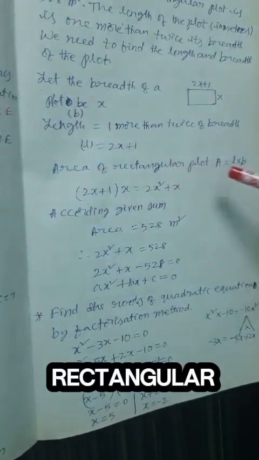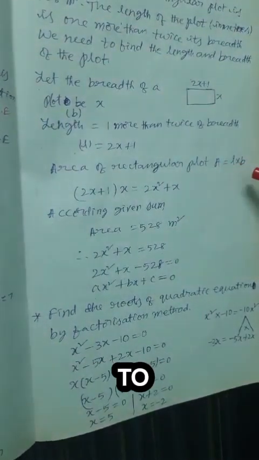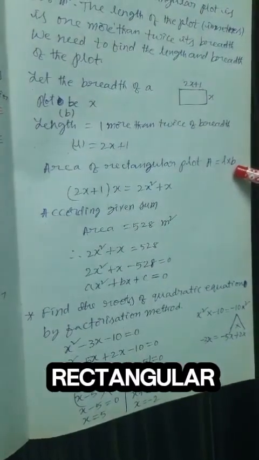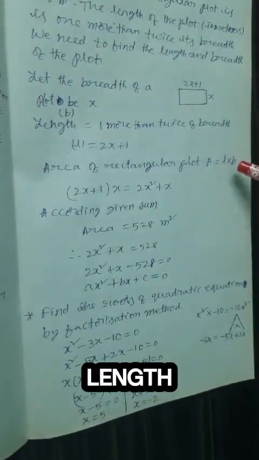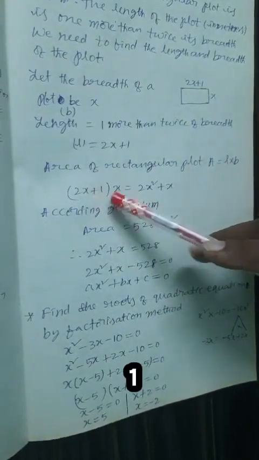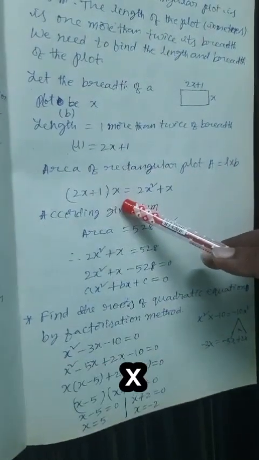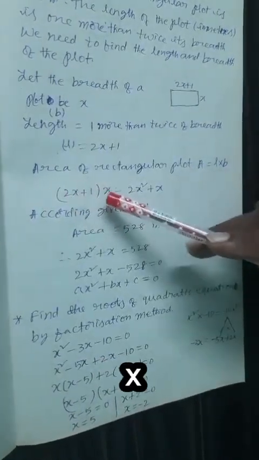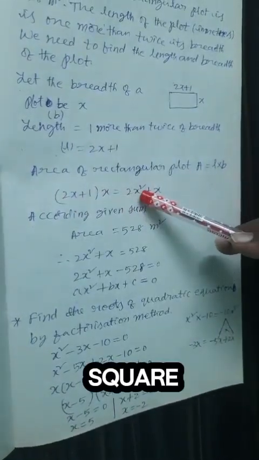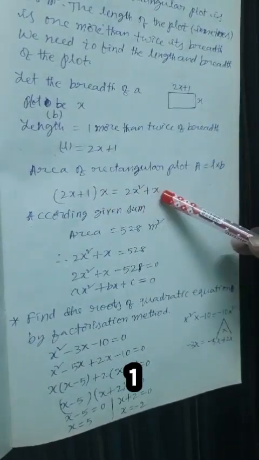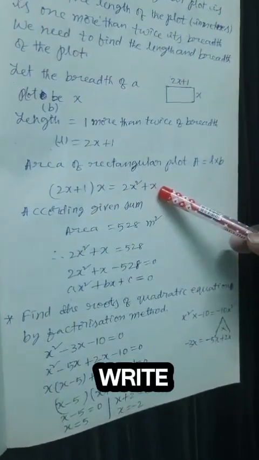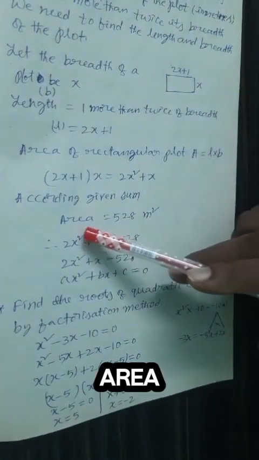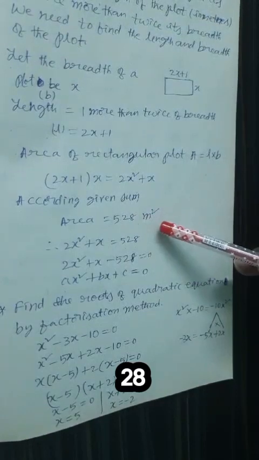Area of the rectangular plot, A is equal to L into B. This is the formula for rectangular area. So length place 2x plus 1, breadth place x. Now multiplying, 2x into x means 2x square, plus 1 into x means 1x, or x we can write. According to the given sum, area is equal to 528 meters square.